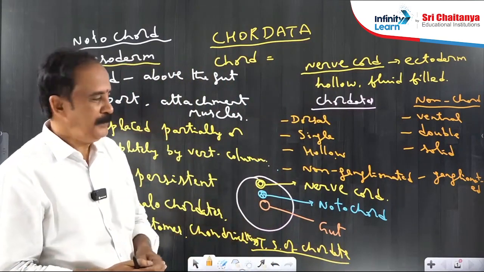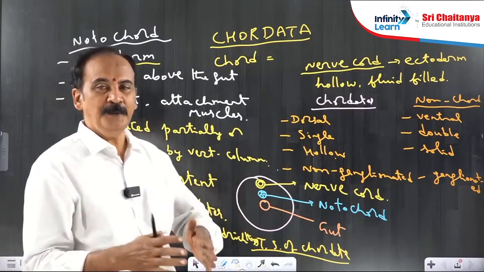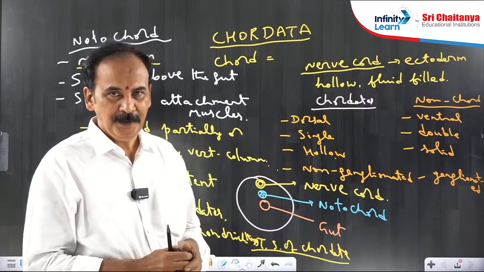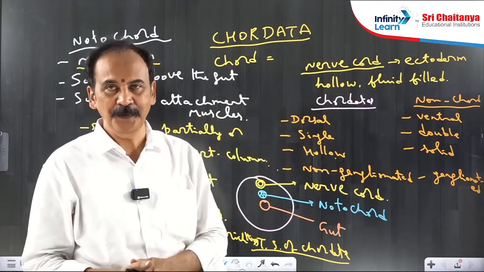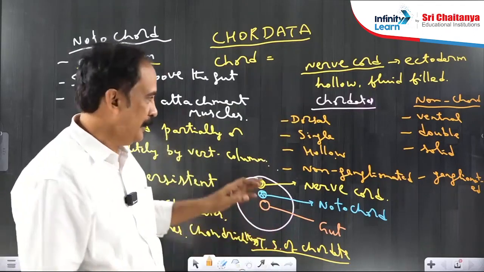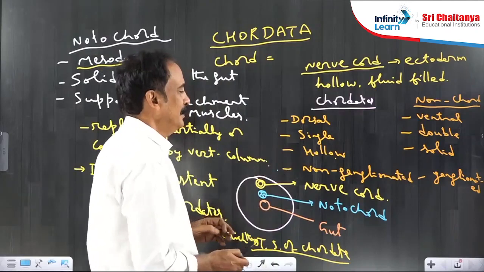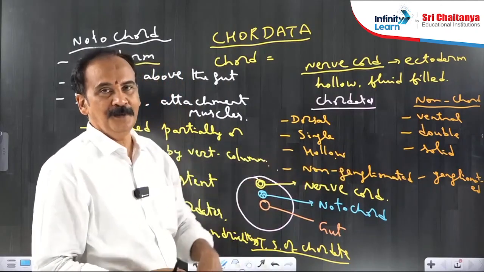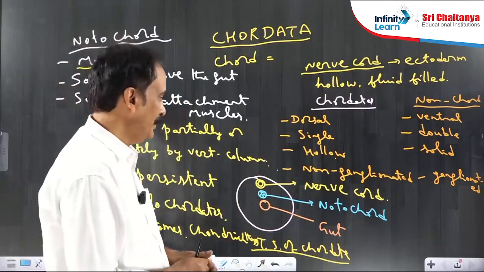Okay, so this won't be given in NCERT as separate structures, but you are expected to understand and you should remember these. The nerve cord in chordates and non-chordates is different. In chordates it is a single structure present on the dorsal side, it is hollow and it is filled with the fluid named cerebrospinal fluid, right?